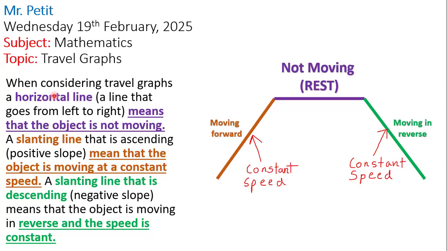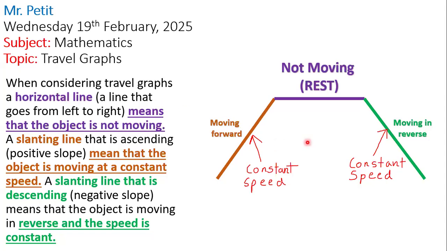A slanted line that is ascending, positive slope, means that the object is moving at a consistent speed. A slanted line that is descending, negative slope, means that the object is moving in reverse and the speed is consistent. Constant. Very good. The speed is constant.